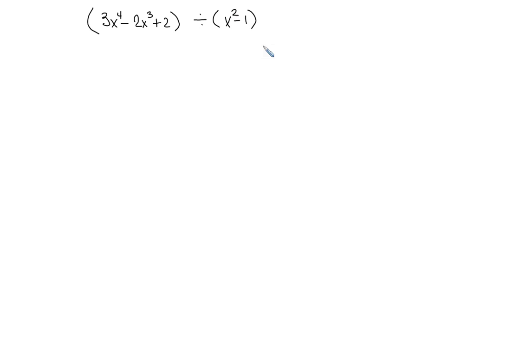Okay? And so when we write our division symbol, which one goes inside? The first one. 3x to the fourth minus 2x cubed plus 2, and then the other one goes on the outside.